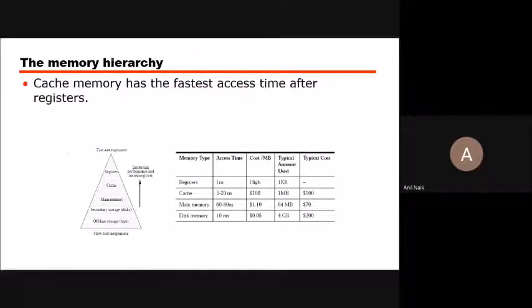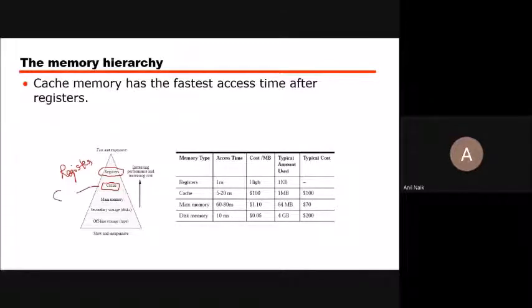So here this is the hierarchy of the memory. What is the first step here? The registers. Very small registers that store the data. Then after that comes the cache memory. Registers are very small memory.